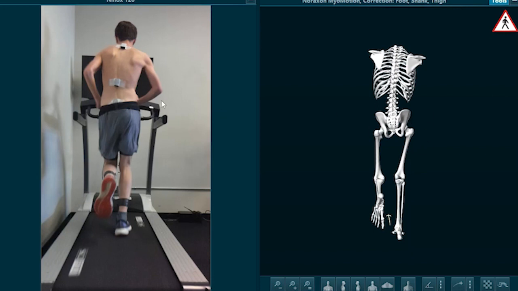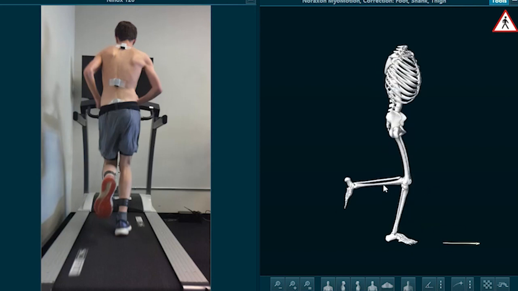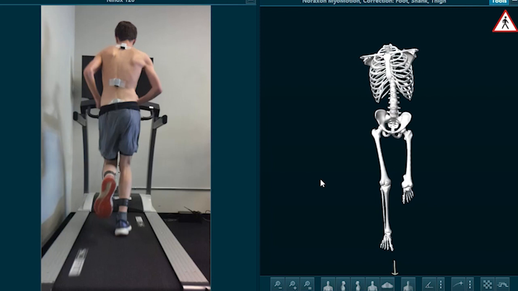When this happens, the muscles in your gluteus maximus and gluteus medius, these side muscles here, they're not doing their job to pull on the pelvis and keep it level. So when that happens, if I move this image to the front, what you'll see, in order to compensate for the trunk lean to the side and the pelvic drop, is the knee will come inwards towards the midline of the body.